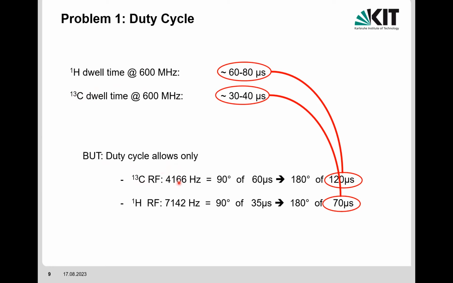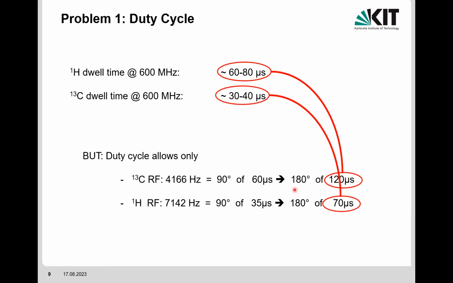And so for carbon 13, this is about, well, 4,200 hertz, plus minus, it depends strongly on the probe head used. But for most conventional proton inverse probe heads, we find that for decoupling of carbon, we are limited to about 60 microseconds. That's the pulse length for longer periods.